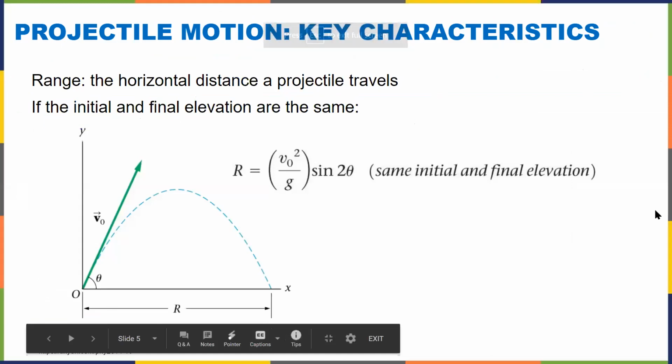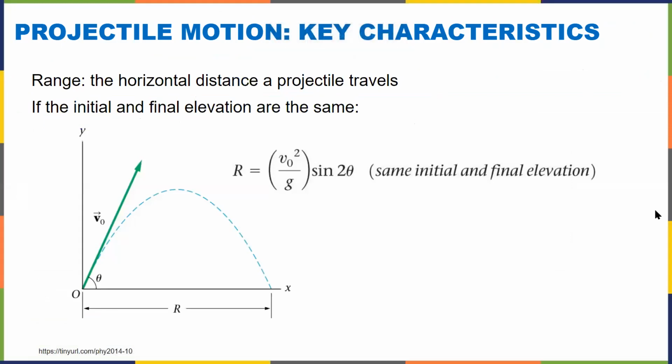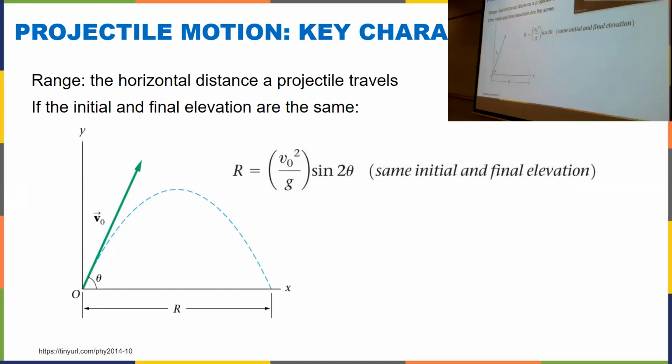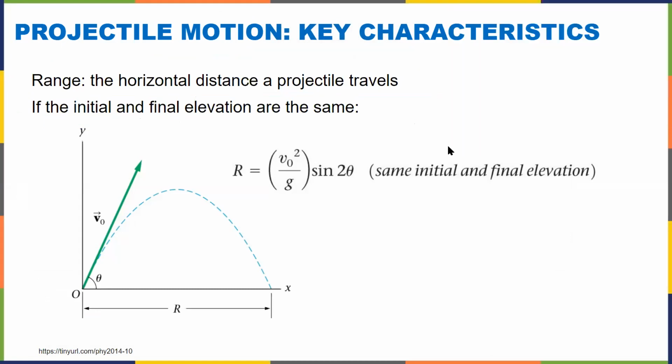As I derived in the previous problem, for projectile motion, if it ends at the same level as it started, then the range is equal to v0 squared over g times sine of 2 theta, or as I did, v0 squared sine 2 theta over g.